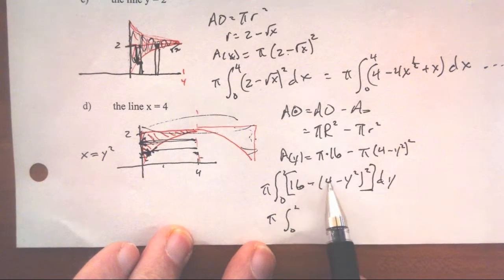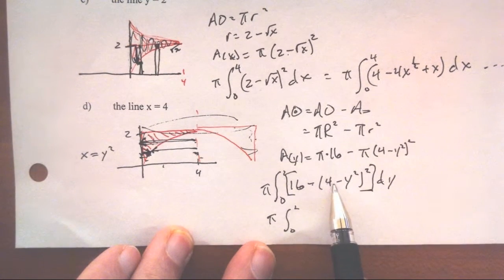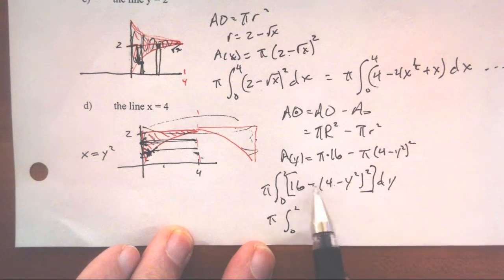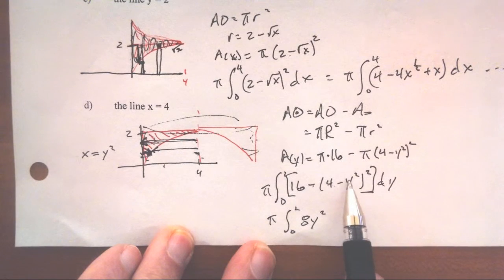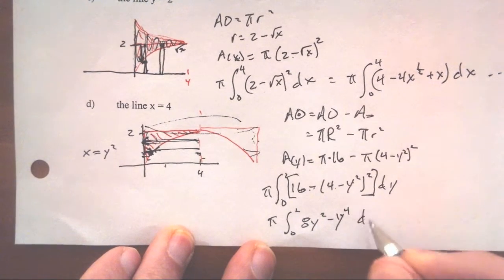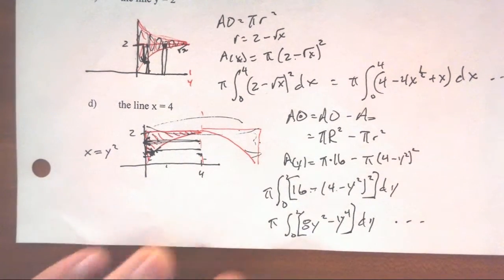Here I'm going to get a minus 16 when I FOIL. Well, that's good news. I'm going to get minus 4y squareds and minus 4 more y squareds for a total of minus 8y squareds, but I need the opposite of that, 8y squareds. I'm going to get a plus y to the 4th, but the opposite of that, minus y to the 4th, dy, dot, dot, dot. You can wrap that one up.